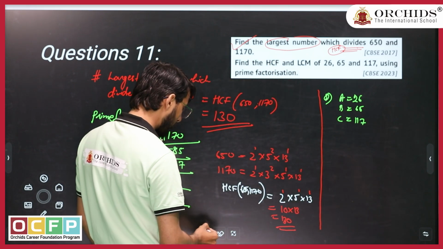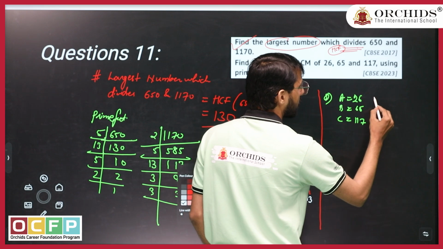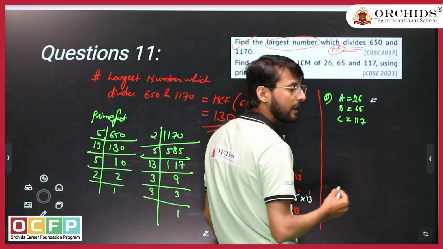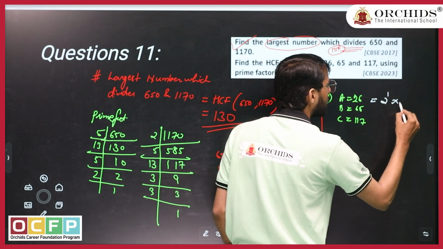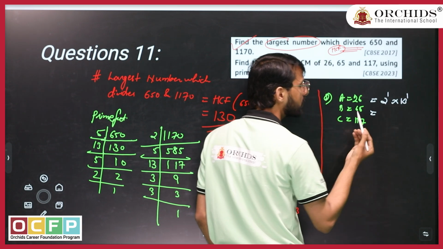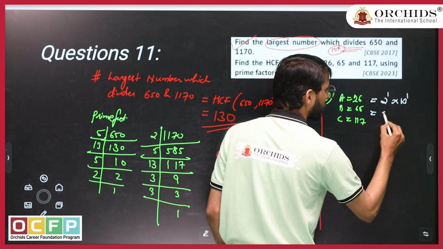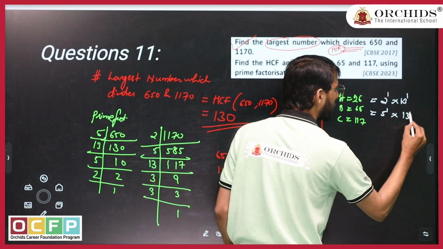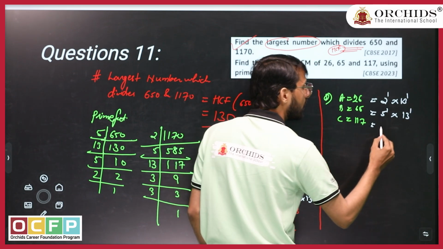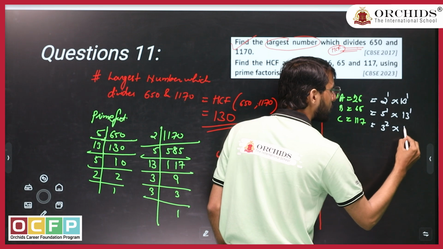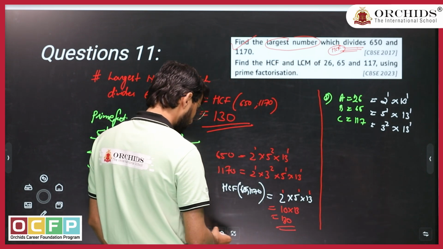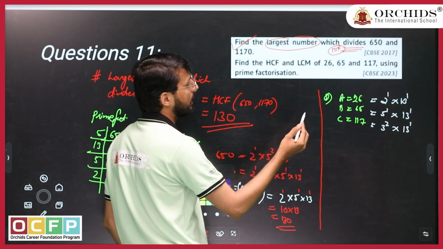So always first break your numbers into prime factors. 26 is 2 into 13, so 2 power 1 into 13 power 1. 65 is 13 into 5, so 5 power 1 into 13 power 1. 117 is 3 power 2 into 13 power 1. The first thing they have asked about is the HCF, then the LCM.